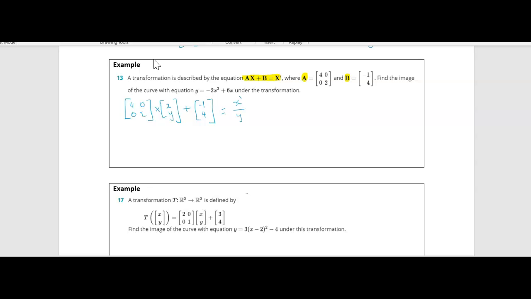Sometimes I do that when I do matrices. Whenever you have something on the top and the bottom, you put a vinculum in between. All right, so let's just expand this. When you're doing matrices, we do need to multiply this matrix first. So we're going to have 4x and then 2y. And we can also add this matrix b. So we're going to have -1 plus 4.